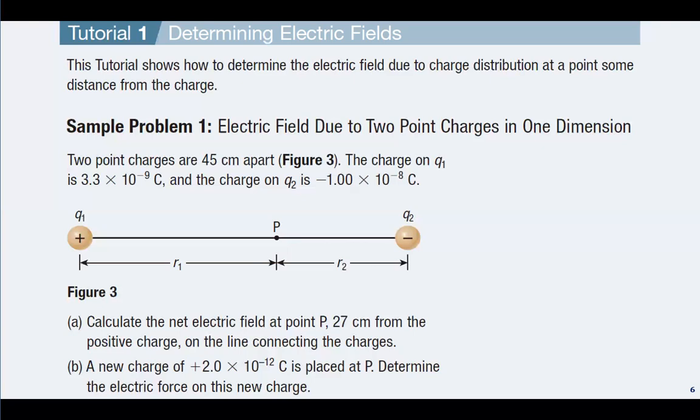First, can you calculate the net electric field at point P, which is 27 centimeters from the positive charge on the line connecting the charges? Second, a new charge of positive 2.0 times 10 to the power of -12 coulombs is placed at P. Can you determine the electric force on this new charge? I'll give you 5 minutes to consider this question by yourself, and then we'll have a look at the solution together.